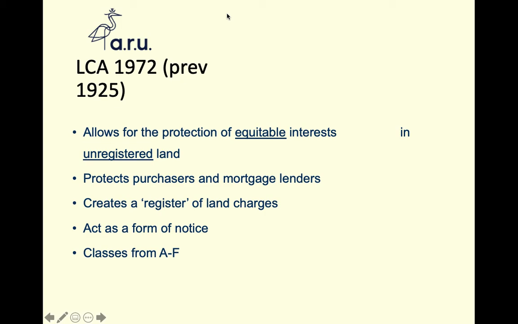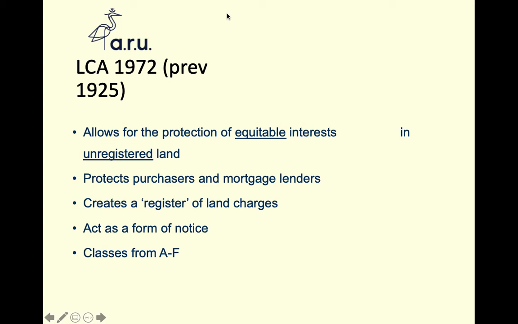There was an understanding that everybody would go out, on the 1st of January 1926, once Land Registry had been set up, and register their land, and that land would become registered in key moments. But there still are small pockets of unregistered land in the UK.